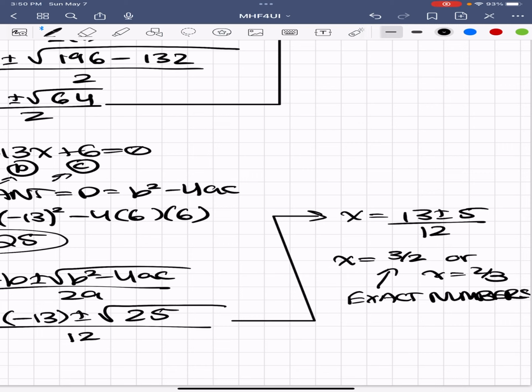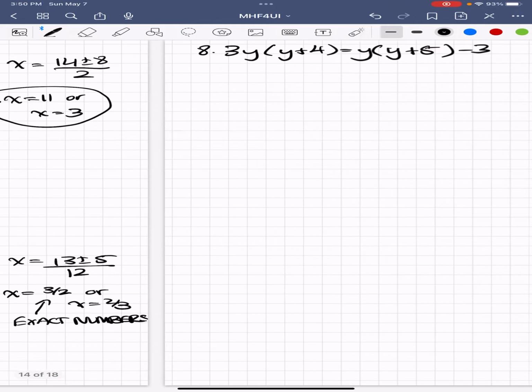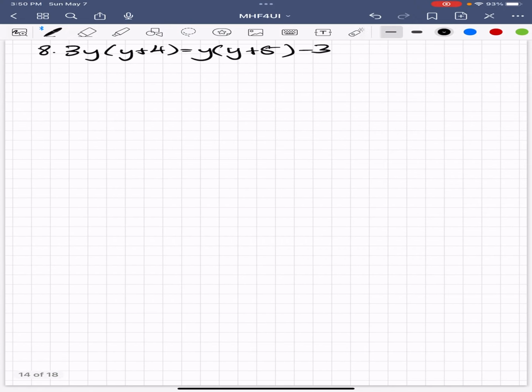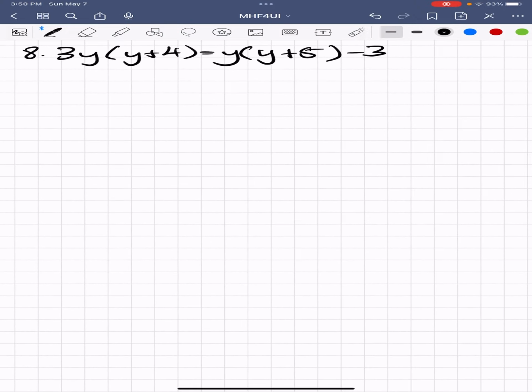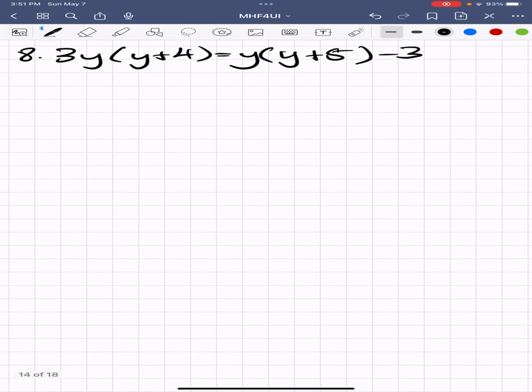But you can also use decimals if that is what your teacher allows or wishes you to do. Looks like we're going to need to do a bit of simplifying and rearranging in order to get this expression in standard form.